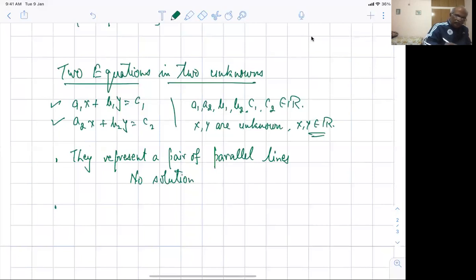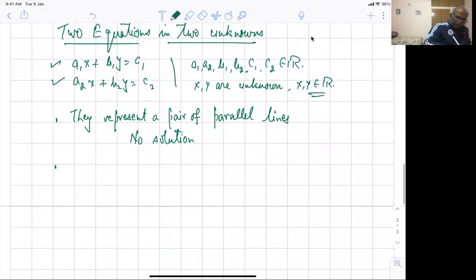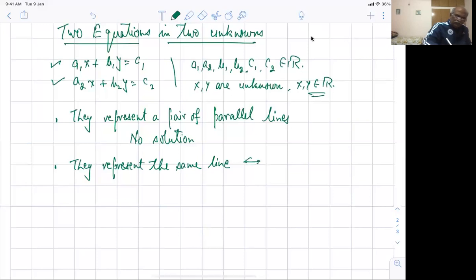Another case is that they represent the same line. This will give you an infinite number of solutions.